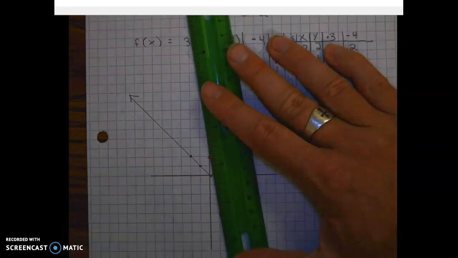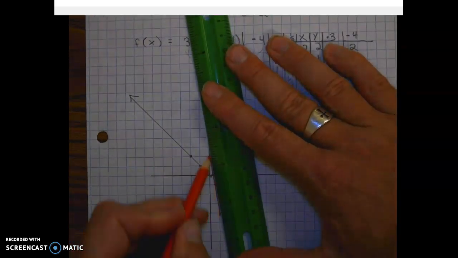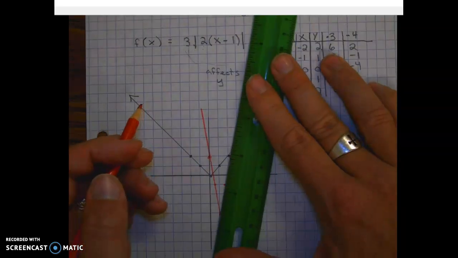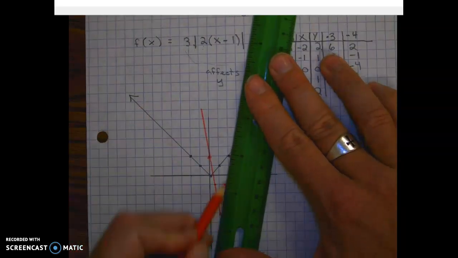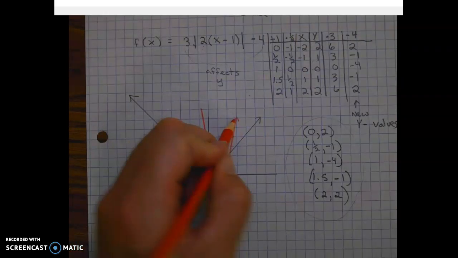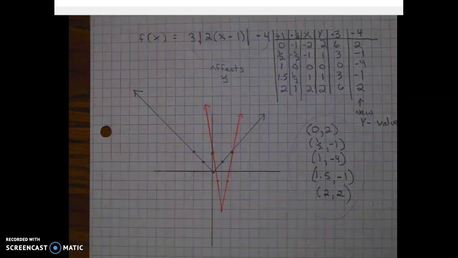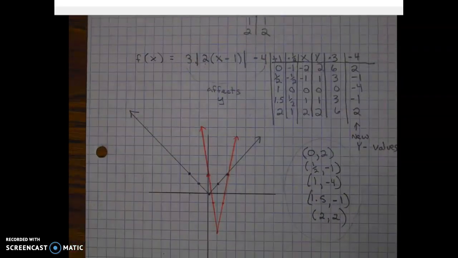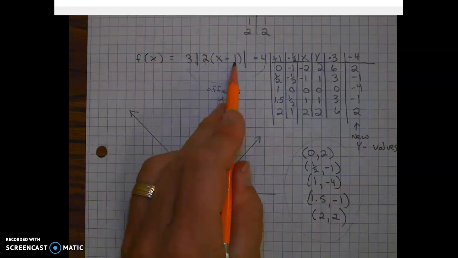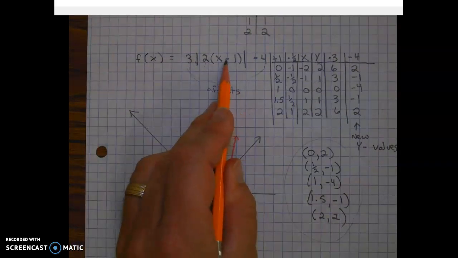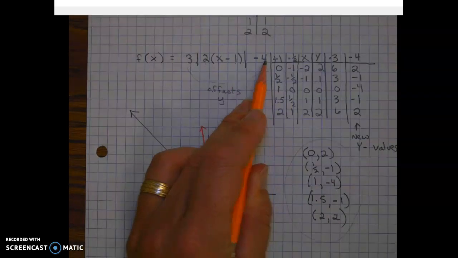So now we have our new graph. So what we can see right now is that our graph translated 1 unit to the right and 4 units down.